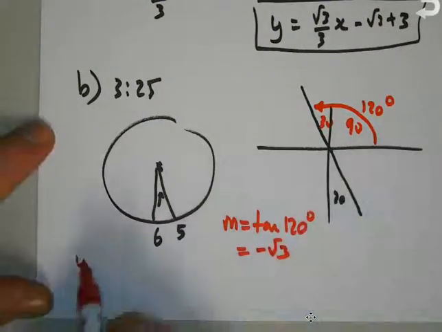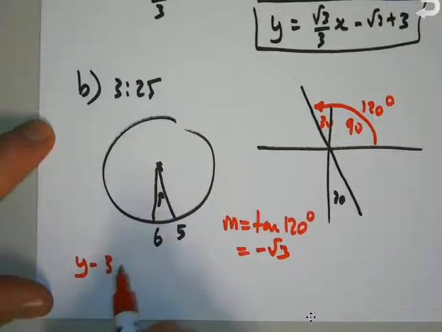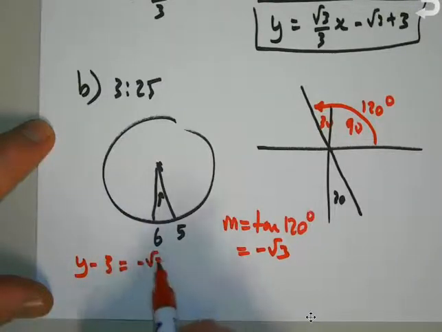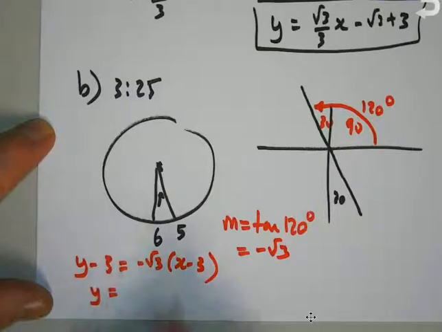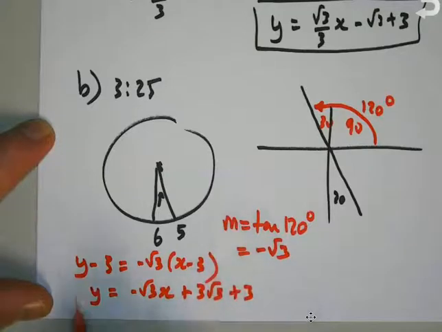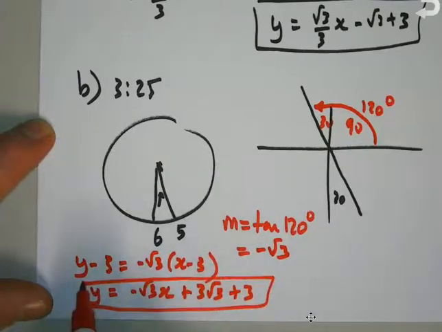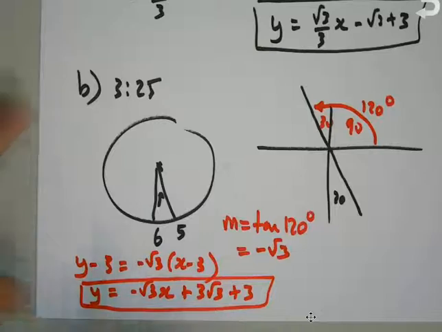Therefore, y minus 3 equals negative root 3 times x minus 3. Y will equal minus root 3 x plus 3 root 3 plus 3 is the equation of the minute hand at 3:25.